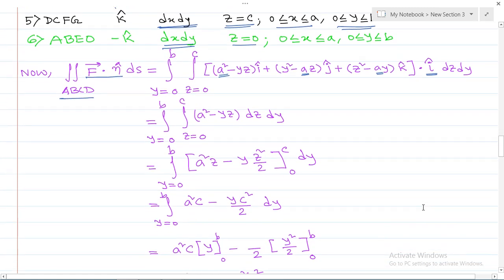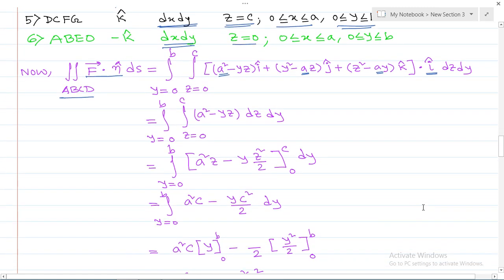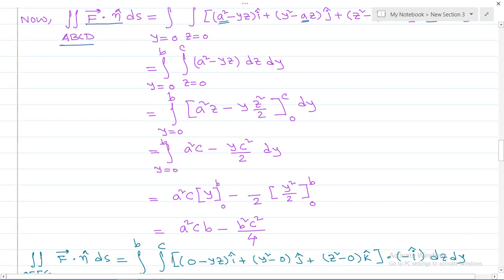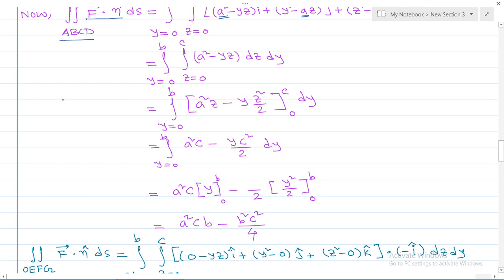You can calculate by yourself also. So after doing all the calculation, the result is coming as a square cb minus b square c square upon 4.